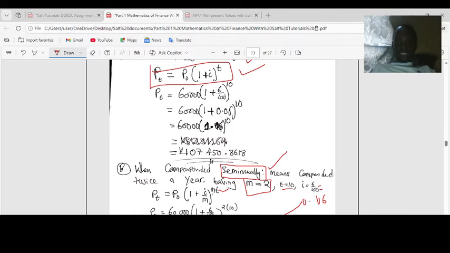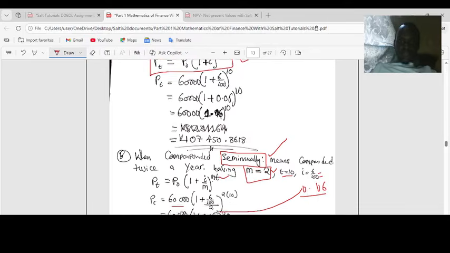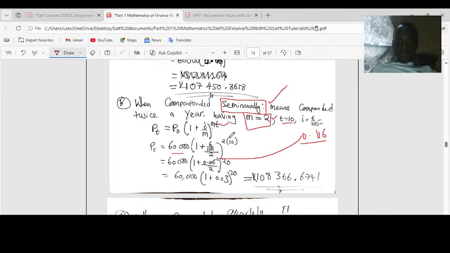So if you replace it there, we are dividing this interest by the number of conversions. How many conversions do I have here? It is 2 conversions. So it will be I over 2, and I is 0.06 divided by 2. And remember, your time here was also multiplied by the number of conversions.